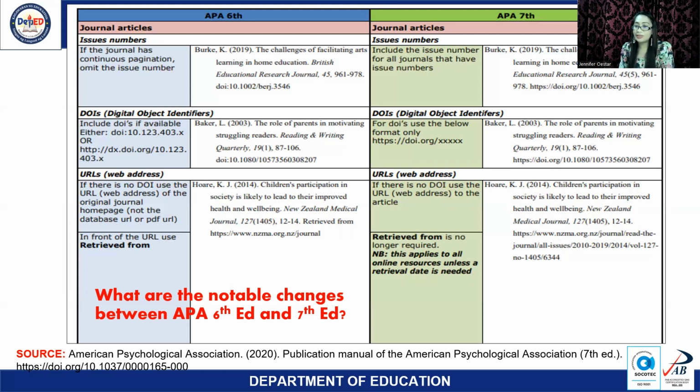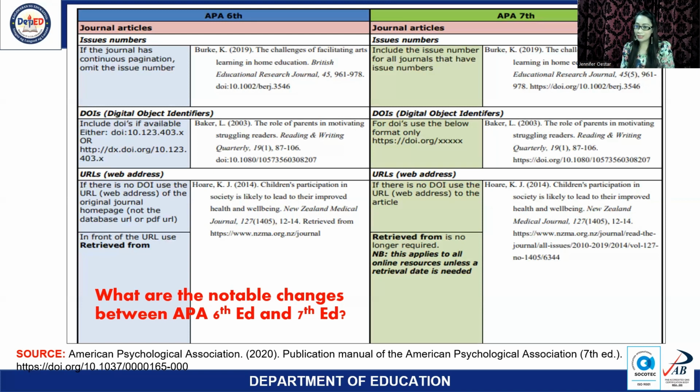And what have we noticed in the difference between the sixth and the seventh? In the sixth edition, in front of the URL, we use retrieved from. But in the seventh edition, retrieved from is no longer required. And this applies to all online resources unless a retrieval date is needed. So when do we use a retrieval date in the seventh edition?